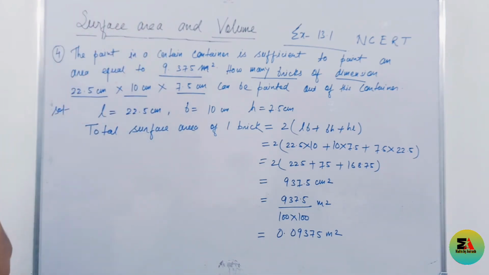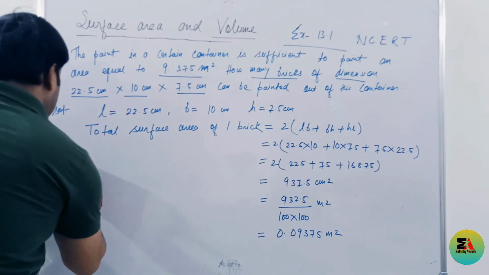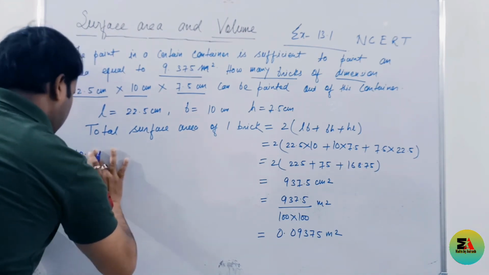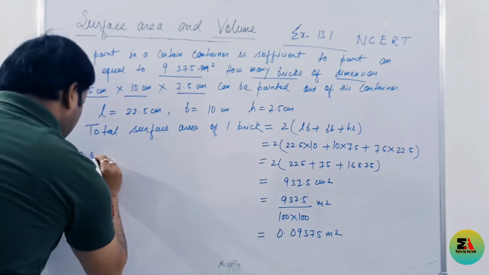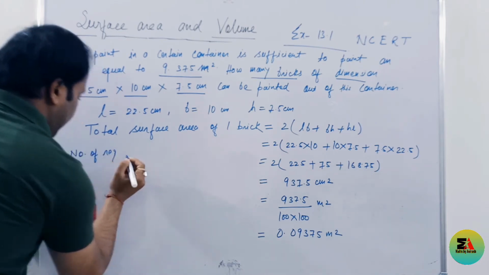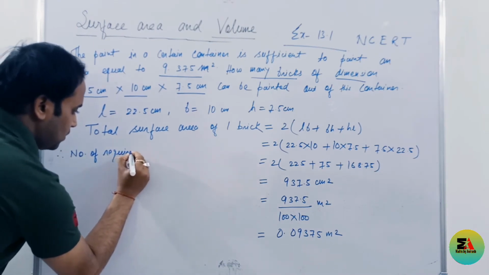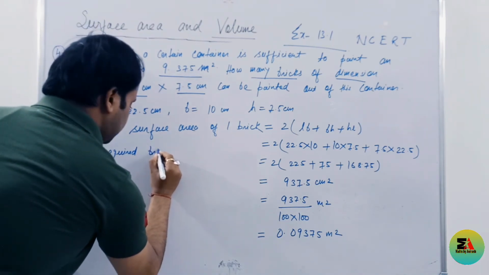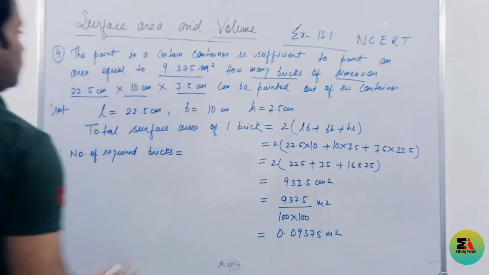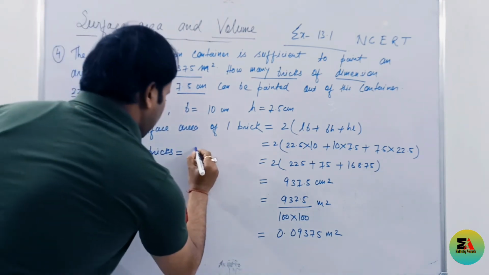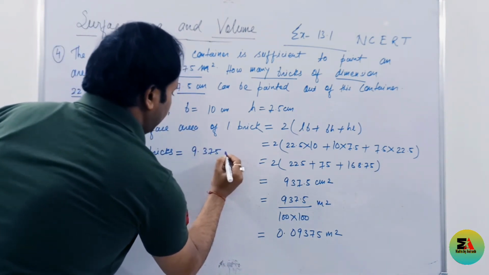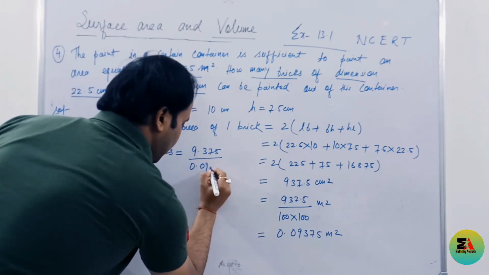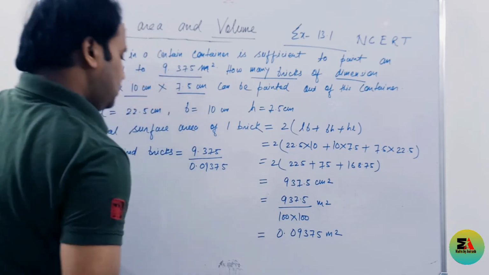Therefore, the number of required bricks equals 9.375 by 0.09375.